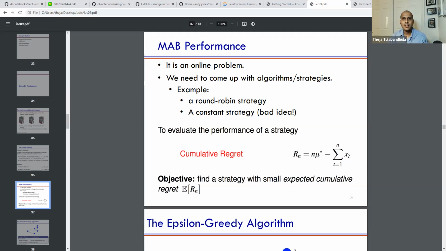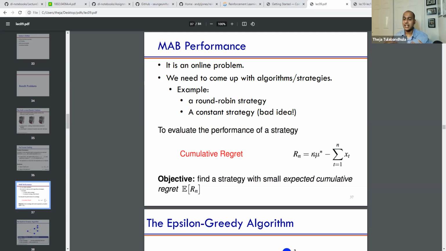Whereas every round, I'm taking different decisions. Sometimes A, sometimes B. Hopefully, I take A all the time. That's the whole point of trying to solve this problem. But sometimes I'll take B. Sometimes I'll take other decisions if they are there. And my objective is to minimize this expected cumulative regret. So if you take an expectation of this Rn quantity, which is the difference between what you would have done in hindsight versus what you have done over this period of n interactions, then you want to keep that difference as small as possible.